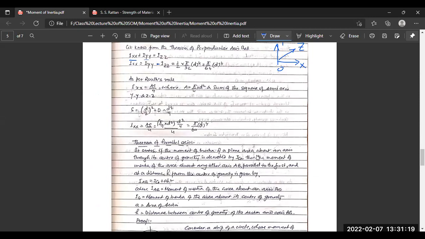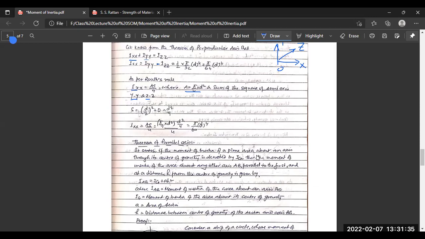So here, the cross-sectional area of the circle is pi by 4 d square, and S is the sum of the squares of the semi-axes yy and zz. If we want to calculate Ixx, then we have to find the sum of the squares of the distances from yy and zz.